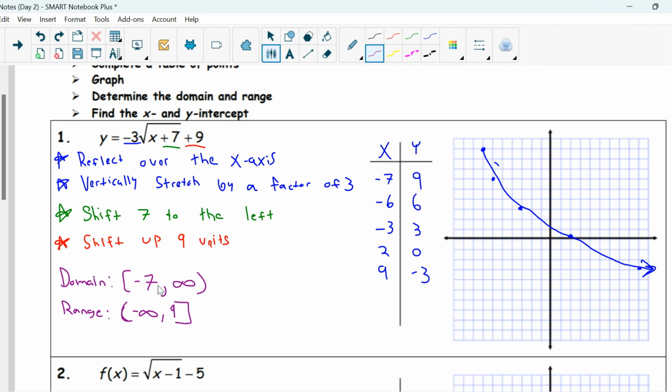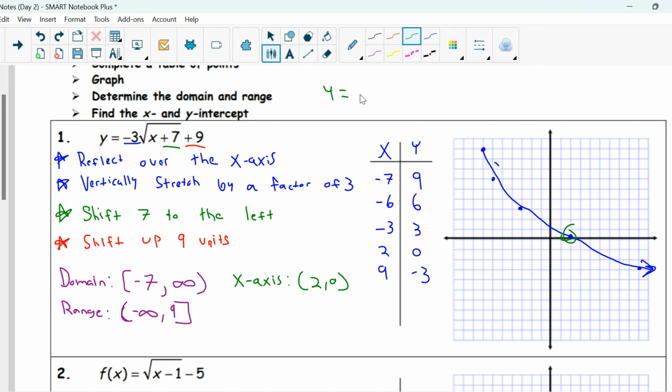The next thing it wants me to do is find my x and y intercepts. For my x-intercept, I can see that I have one right here, at 2, 0. Obviously I can't tell where my y-intercept is. So in order to find it, I am going to plug in 0 for x and solve for y.